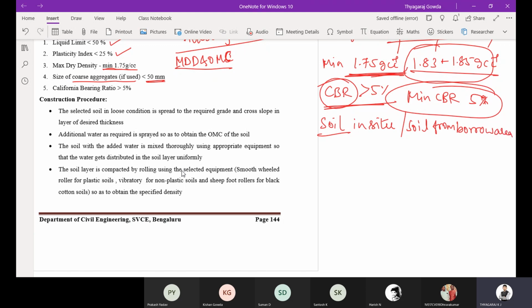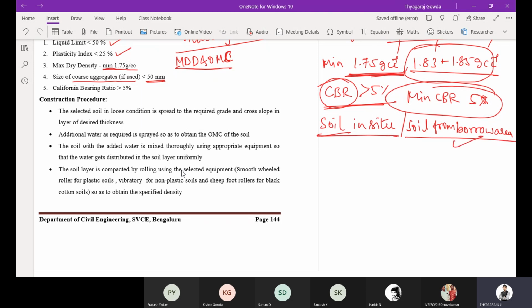You are going to get the soil which is present at the site only, or you are going to get the soil from the borrow area. Sometimes the soil will not have good properties. The properties will not meet the specification. At that time we are going to get the soil from the borrow area.